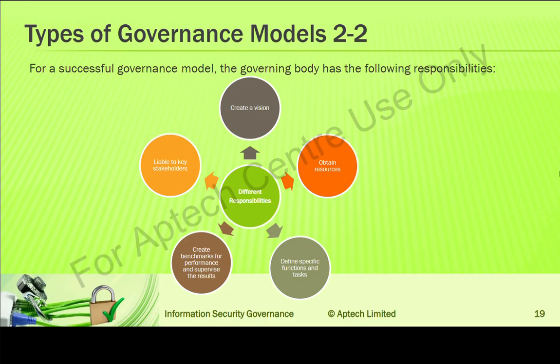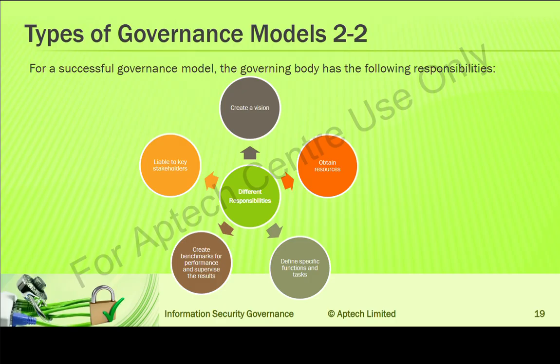Now, for a successful governance model, the governance model has the following responsibilities. You have to create a vision and obtain resources. Every resource needed to accomplish the implementation of the model has to be in place. Then define specific functions and tasks and assign them to every team member and participant, and create benchmarks for performance and supervise the results.